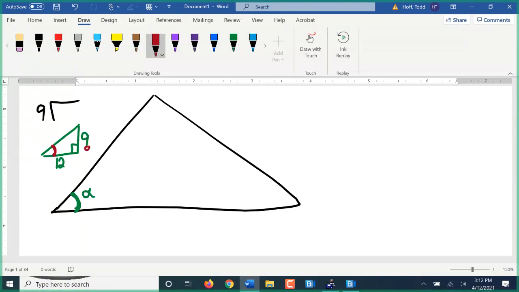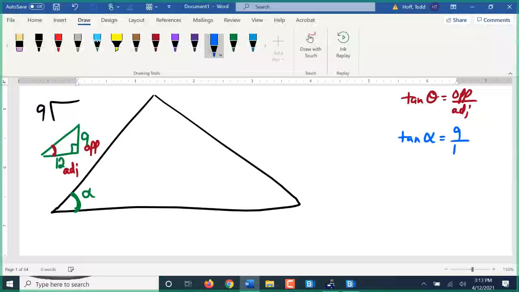That angle, the 9 is the opposite side, the 12 is the adjacent side. Tangent of an angle equals the opposite side divided by the adjacent side. Here, the angle is alpha, the opposite side is 9, the adjacent side is 12. How do I find the angle?